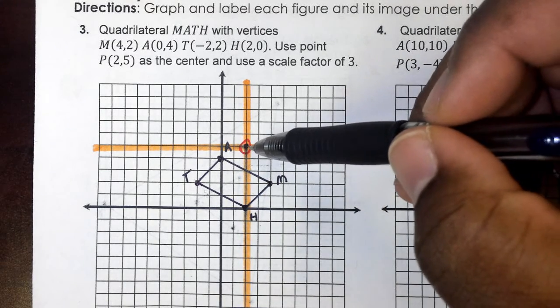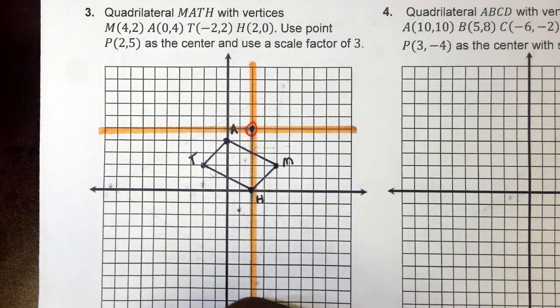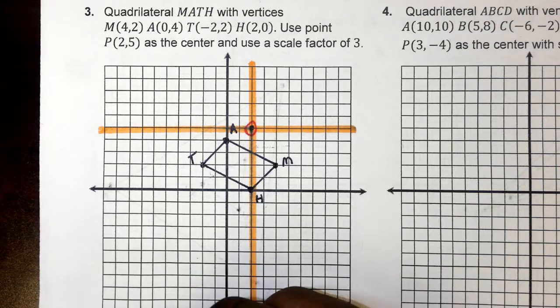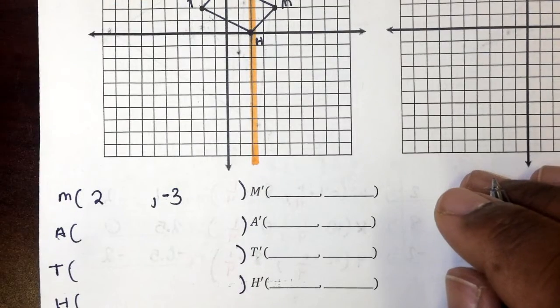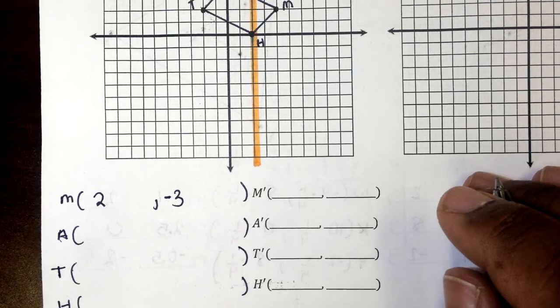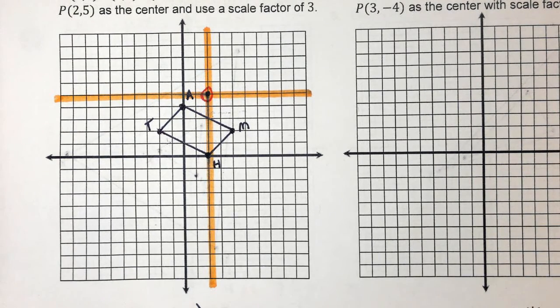So from this center right here, where will my M be? 2, -3. Anybody that don't know how we got that, ask now. And I'm writing that down here, 2, -3, with my space in between. The next one, A, where's that at? -2, -1.